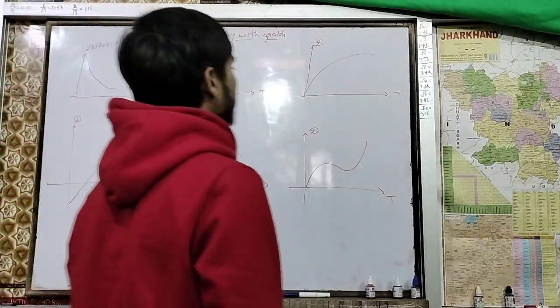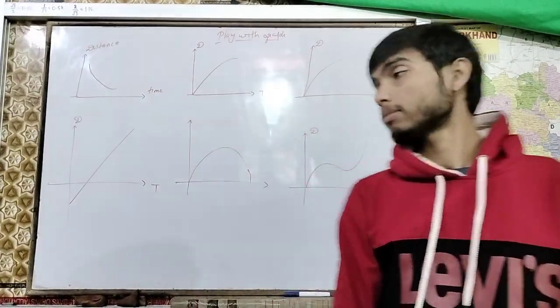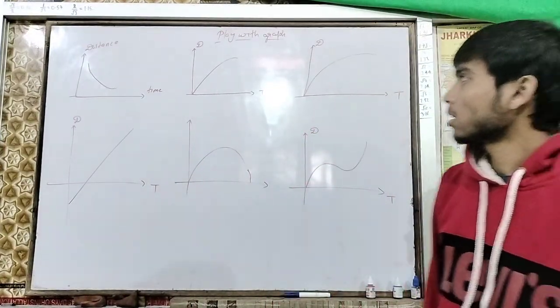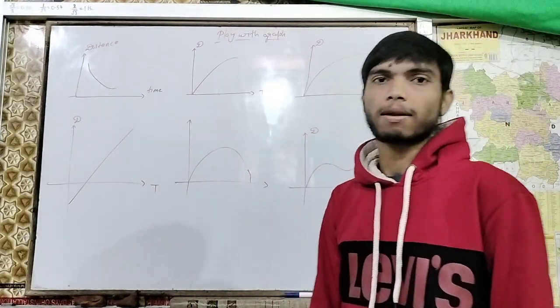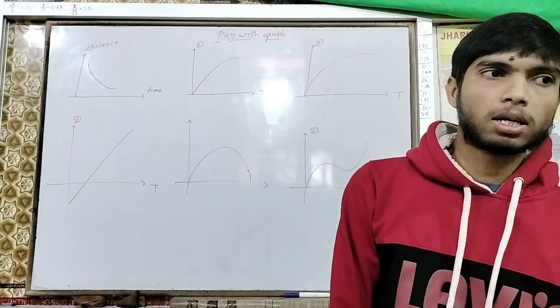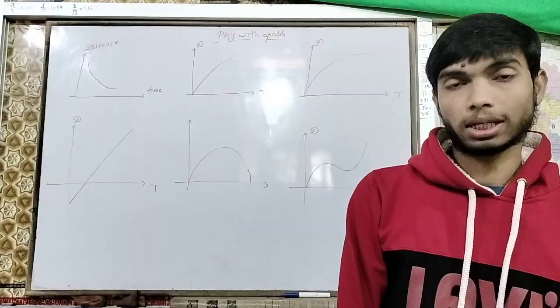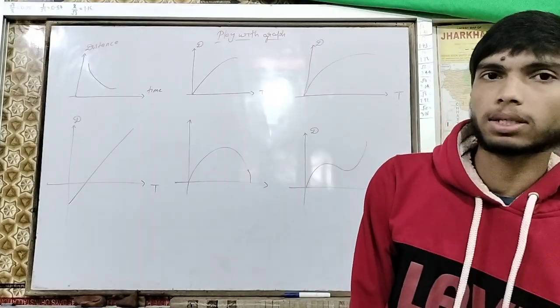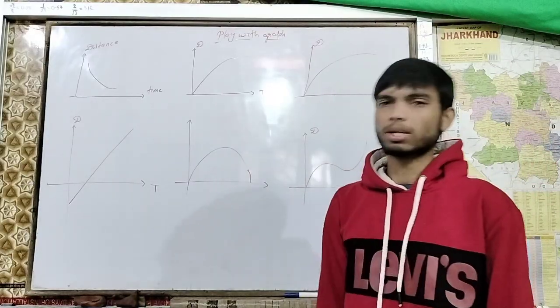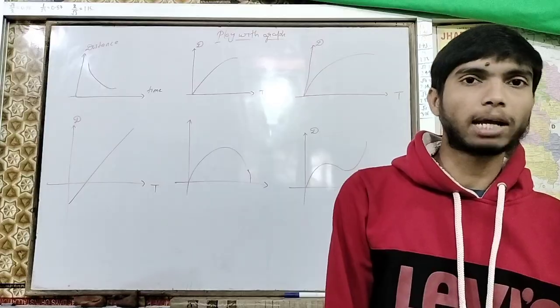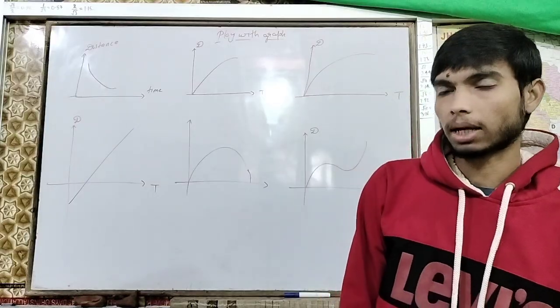D stands for distance, T stands for time. The question is asking, is the given graph correct or not? Let's see. As I told you right now, distance will be positive, it cannot be negative at all.